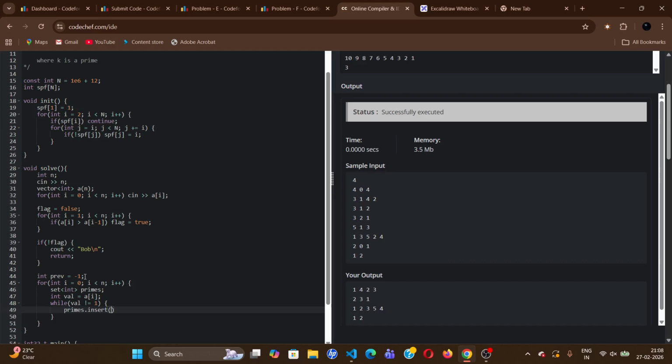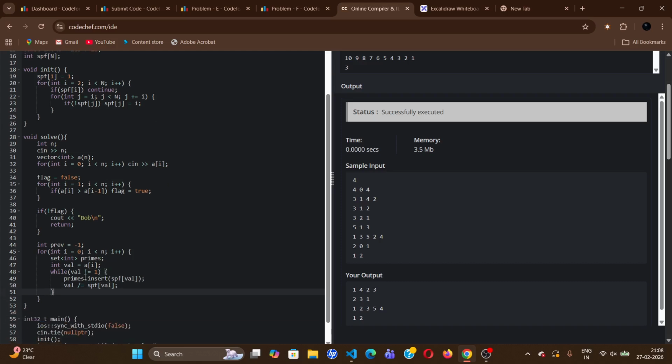Inside insert SPF of file and right. Yes. Primes dot size greater than 1.